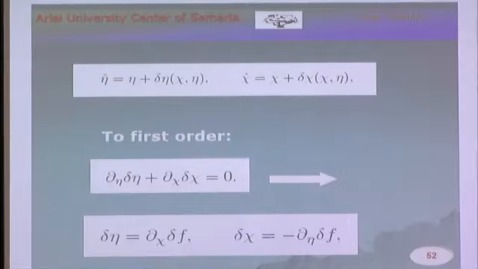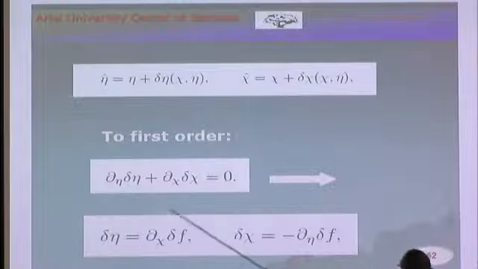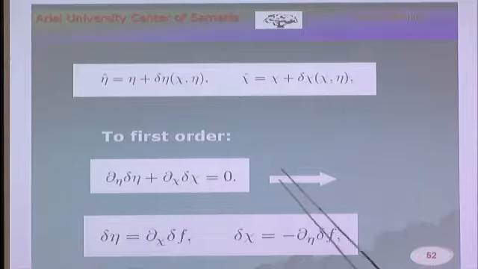And you put it into this Jacobian equal 1 constraint, and what you get is this equation here below, which is like a divergence equation, div something equals 0, in those eta chi coordinates.